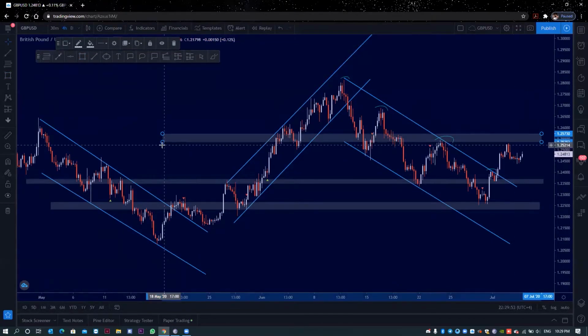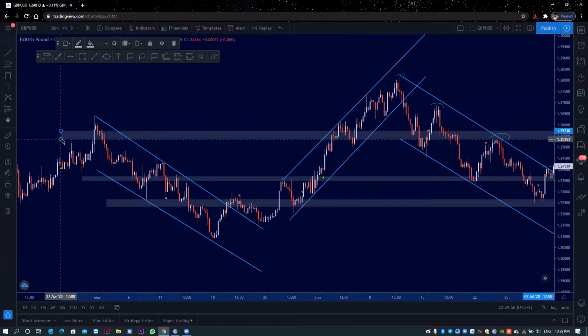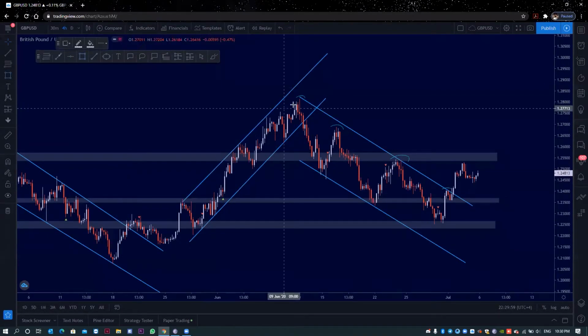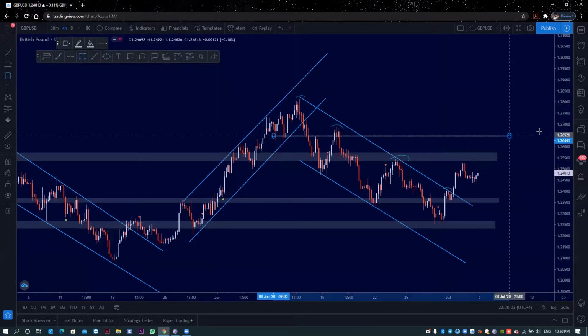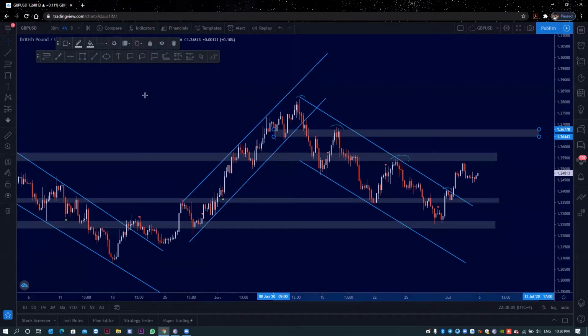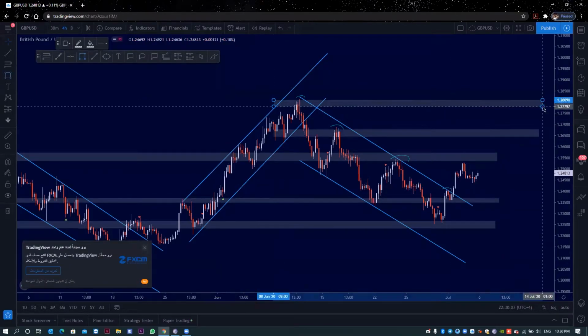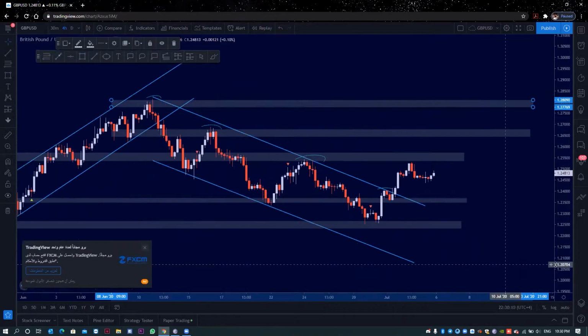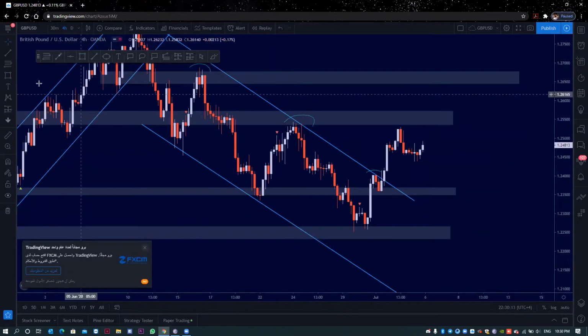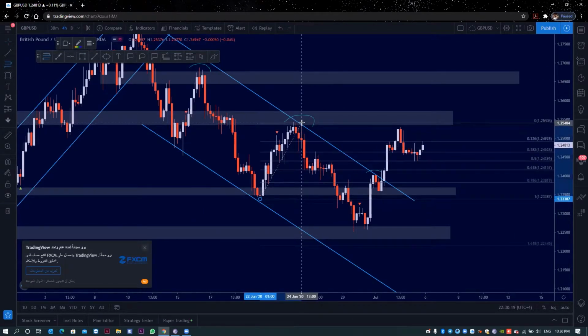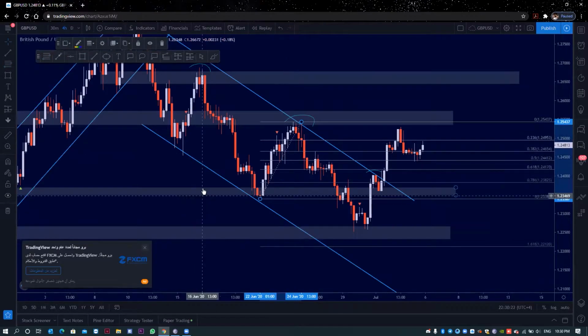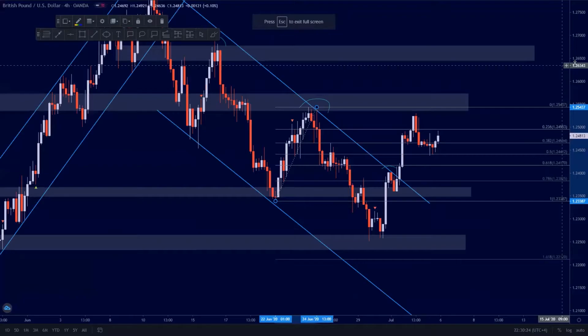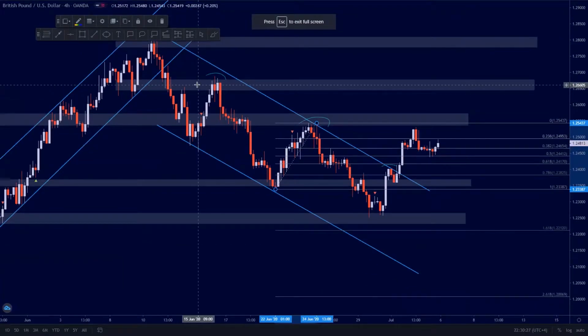Now this is your resistance. And this one also, and the top high. Okay, for example, if you are a sell trader, you need to only watch out for sells.